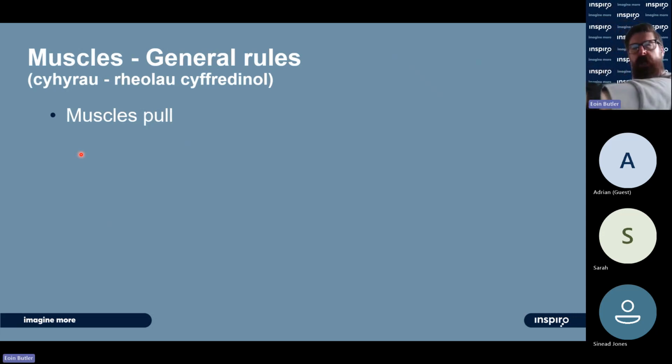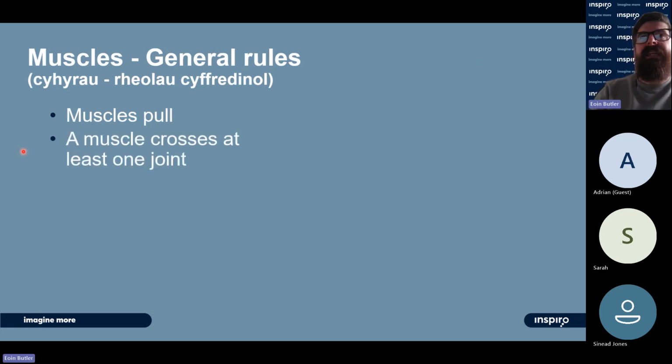So for me to do a push action, my muscles are pulling. The muscle will cross the joint and pull on the bone. The triceps will cross the elbow to pull on the bone to create that movement. So when muscles shorten as they cross the joint, they pull the bone on the other side into position to create the action that we desire.